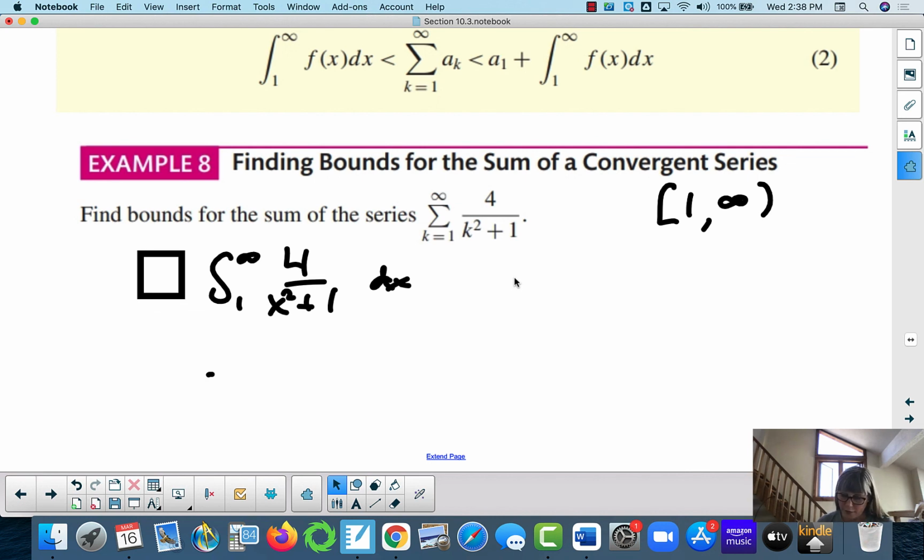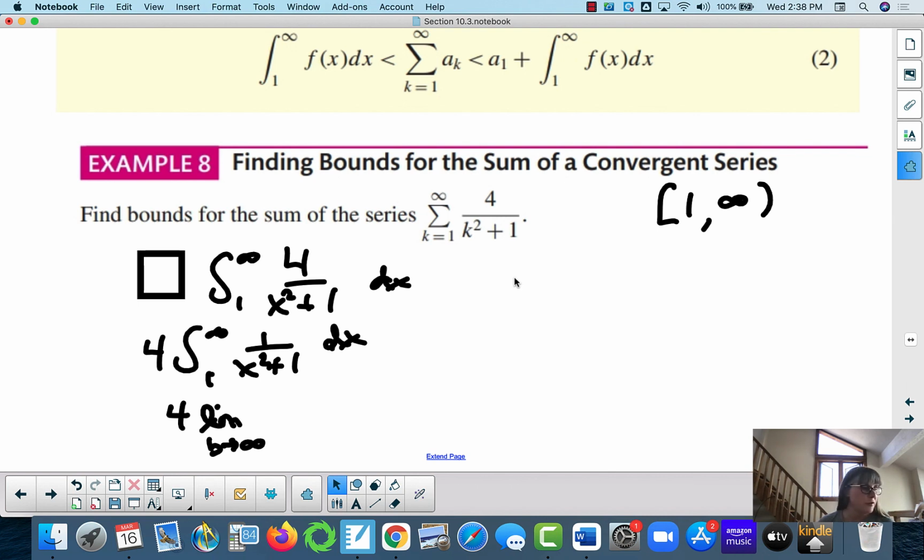So to evaluate that, again, we see that we have inverse tangent except for that 4. So I'm going to pull out that 4. Remember, this is one I did in another example, so I'm just going to skip ahead to this part. Tangent to the negative 1 of x evaluated from 1 to b.